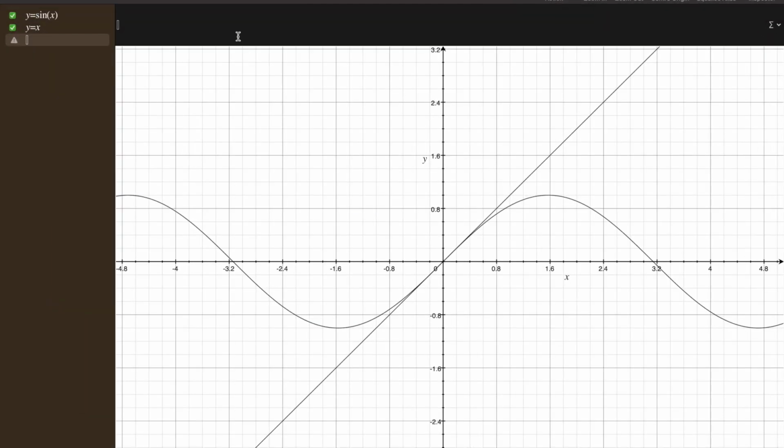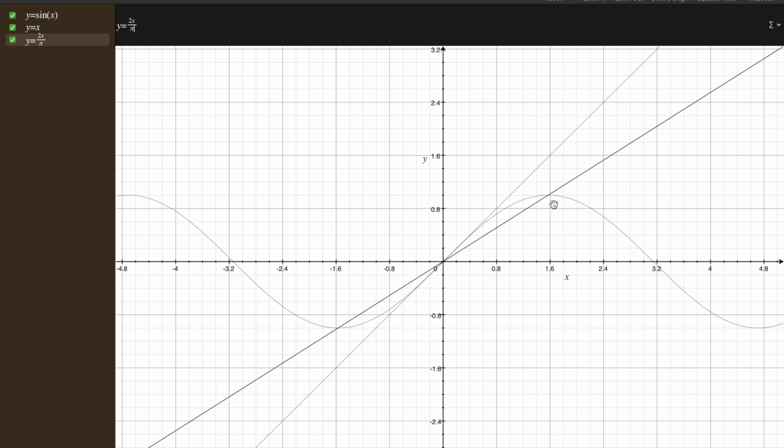Okay, so you see here we have sine of x, the regular sinusoidal function, and y is equal to x, as I said. As I said, it's just glancing over here. But if we have y equals 2x over pi, for example, then you see it is going under.